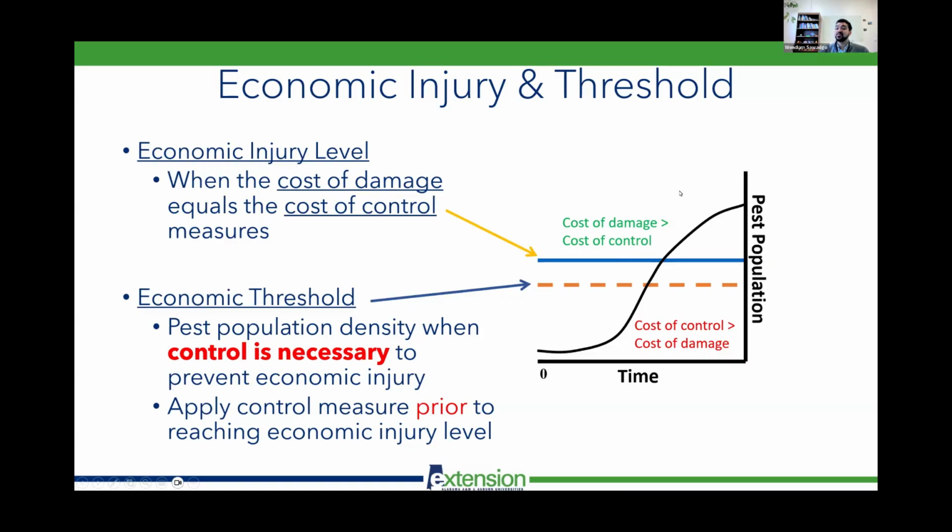And so if we go up to a high population in general, that's where the damage that the pest causes is greater than the cost of control. So that's where we definitely want to make sure we're controlling our pest populations. Whereas down in this low area in red, the cost of control is usually more expensive than the damage we're trying to avoid. And so that's where we're less likely to want to take action in relation to pest management.